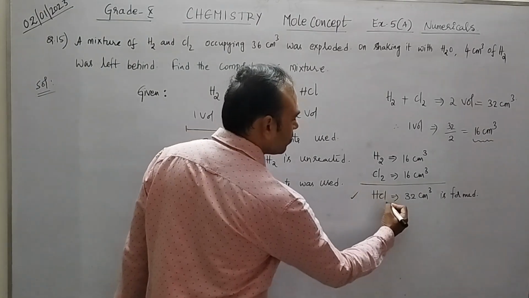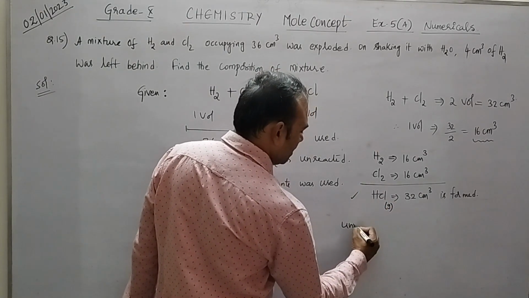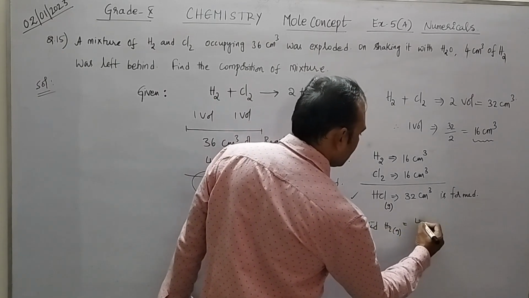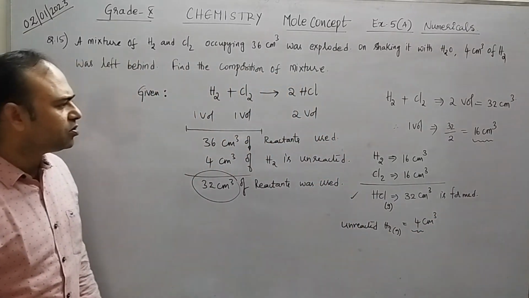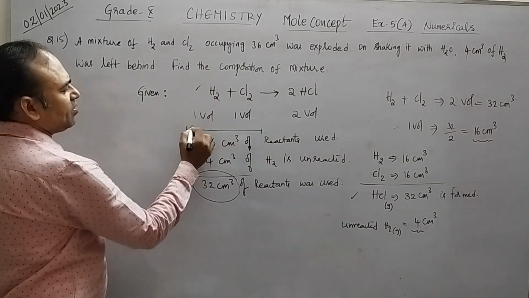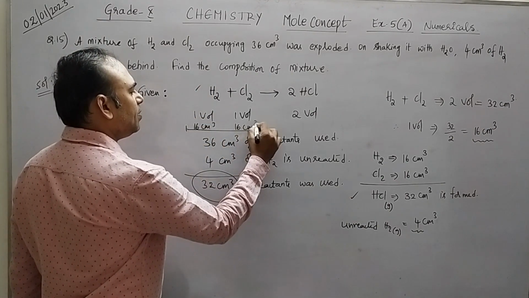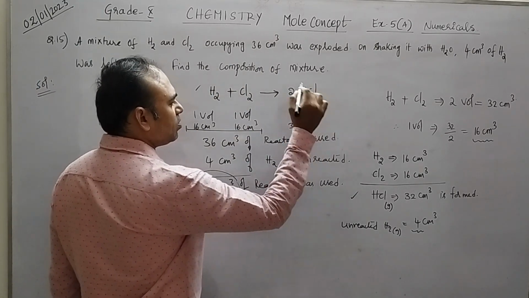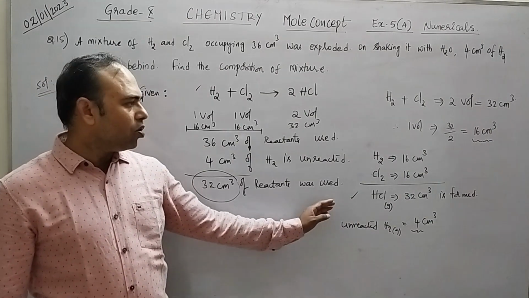HCl is formed, right? And then how much is unreacted? Unreacted H2 is nothing but 4 centimeter cube. Hope you have understood this. We have taken 16 centimeter cube of H2 and 16 centimeter cube of Cl2 to form 32 centimeter cube of HCl. So this is about your reaction mixture.